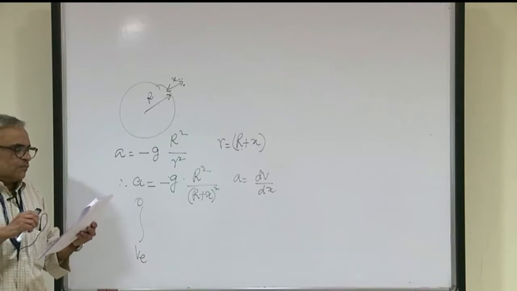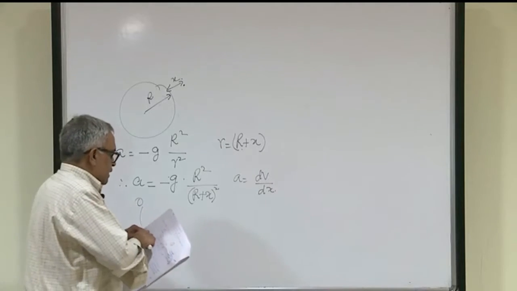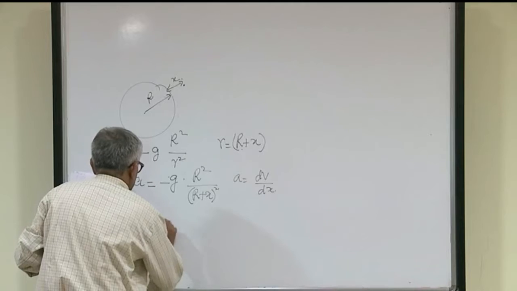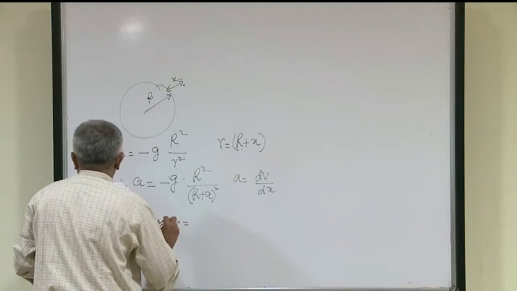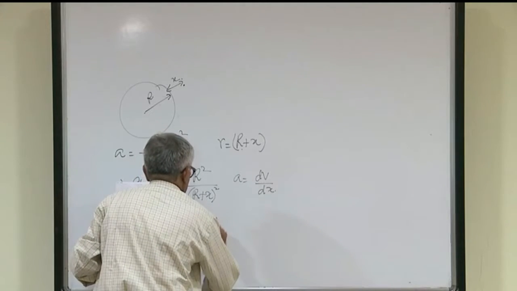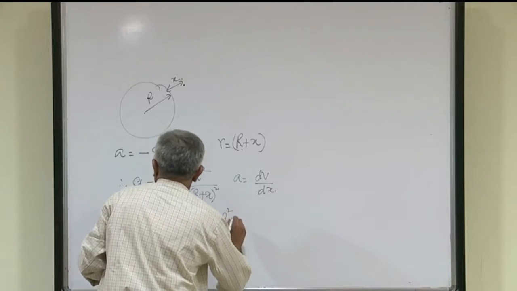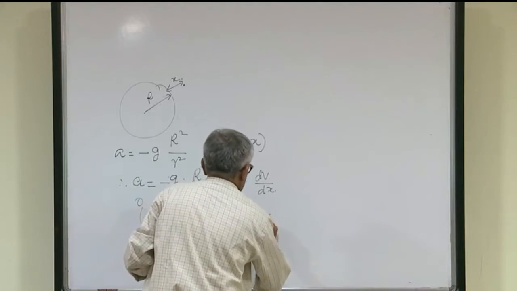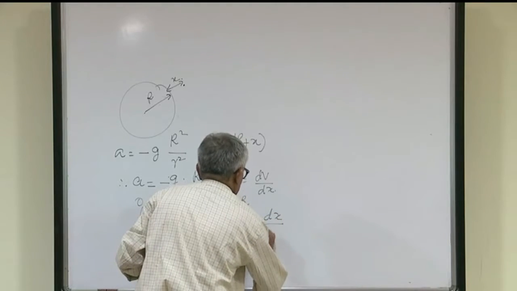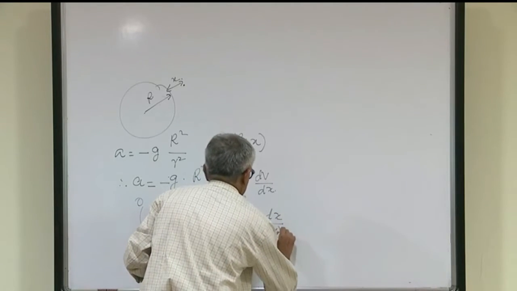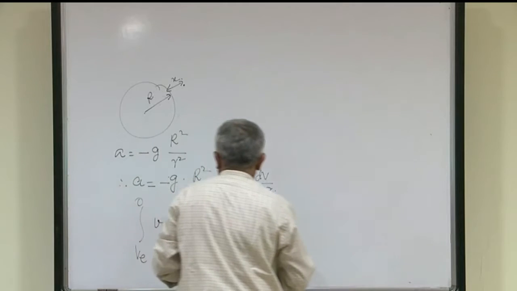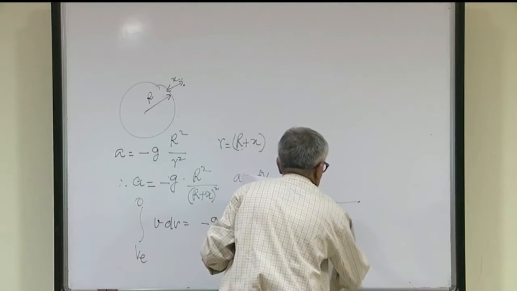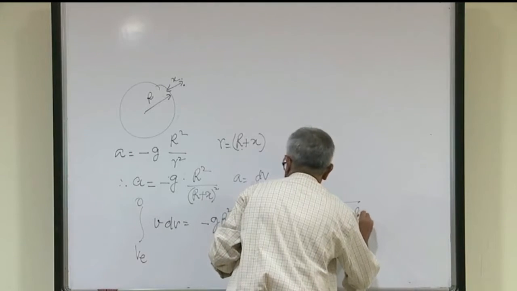So if you do this, what you get is V dV, and that will be minus GR squared, integral 0 to R of dx over R plus x whole squared. And if you do this, you get VE equals square root of 2GR.